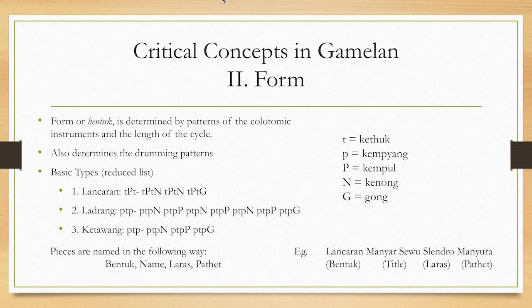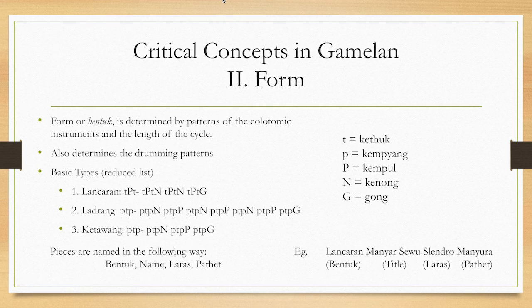The most basic ones, the ones that we're going to be working on in this introductory class, include lancaran, ladrang, and ketawang. So again, the overall outline as far as how these colotomic instruments work is listed here for lancaran, ladrang, and ketawang.